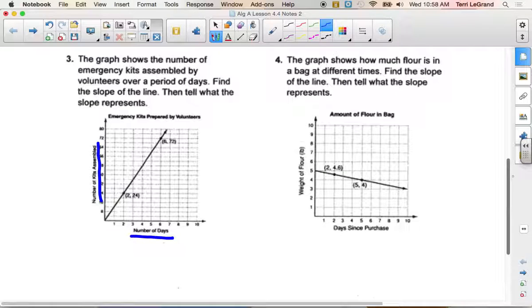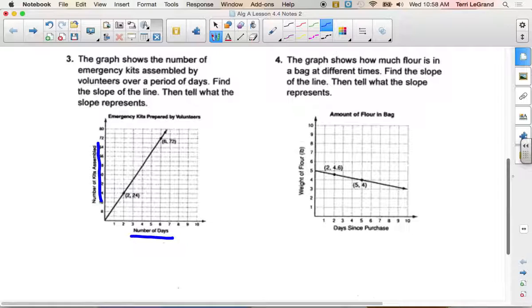What's its scale? It's 1 day at a time. What's the y-axis scale? How many kits assembled for every grid line, Cameron? 4. There are 4. It's only labeled for 8, 16, and so on, but every grid line is actually 4 kits.